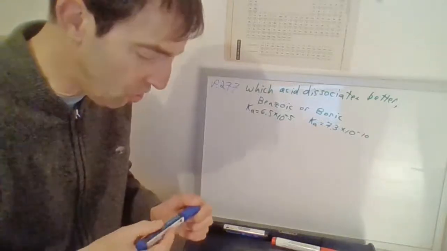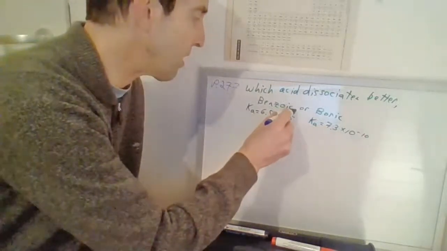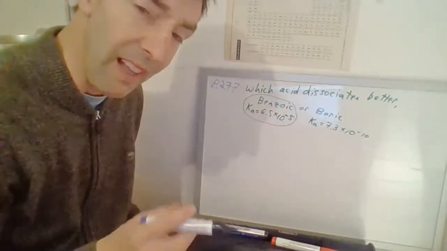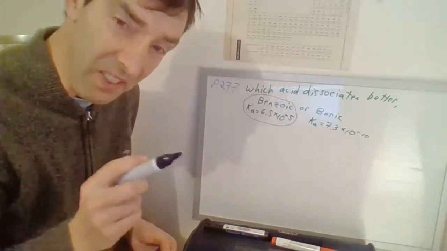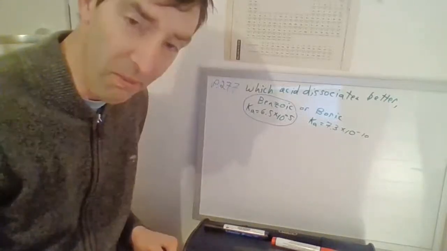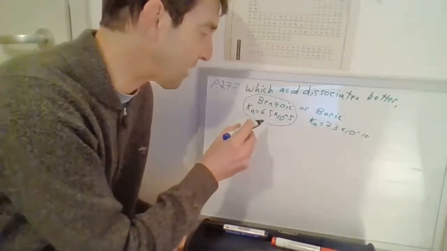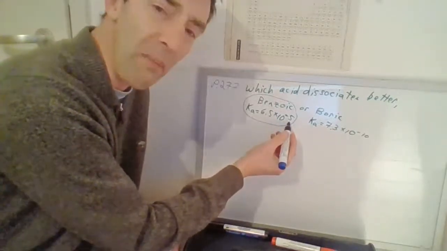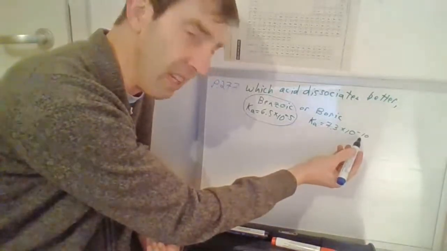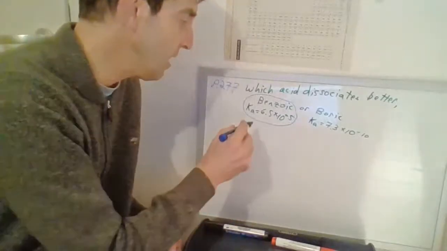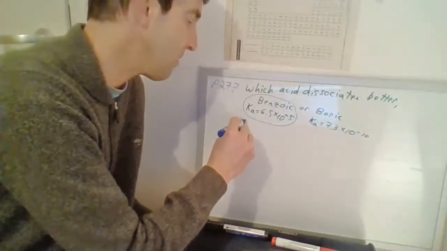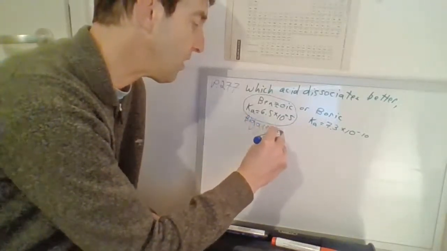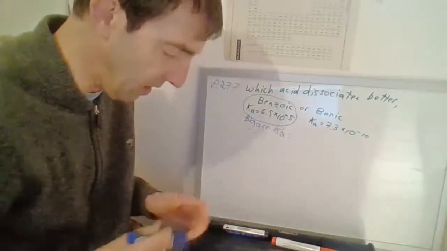Thanks, Anne-Sophie. Thanks, Chelsea. Yeah, so this one is the one that dissociates better. How would you know? They'd give you the data. You've got to look up the Ka. So if this is negative fifth, check out this power. That's way bigger than negative 10th. So bigger Ka equals several things.